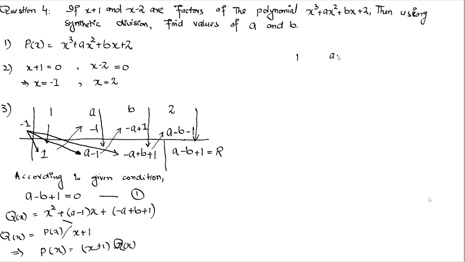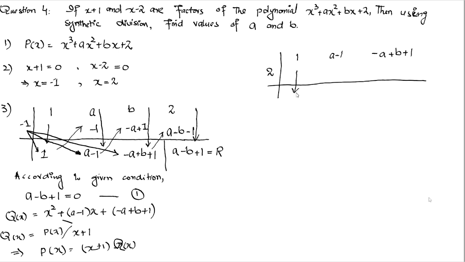Coefficient of x is a minus 1, and the constant term is minus a plus b plus 1. We will draw the synthetic division table, and on the left hand side we will write the second zero of the given polynomial.